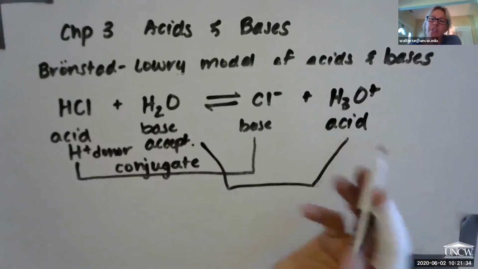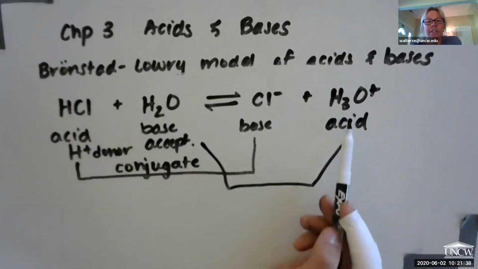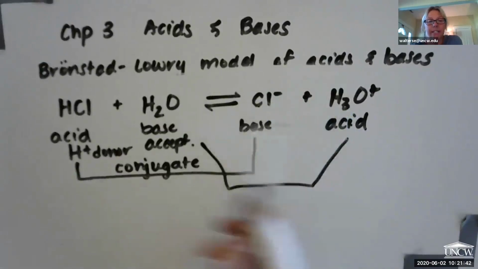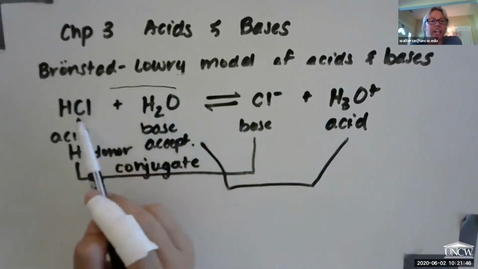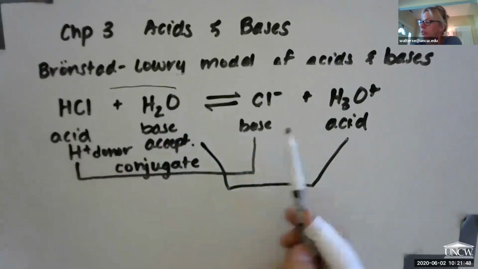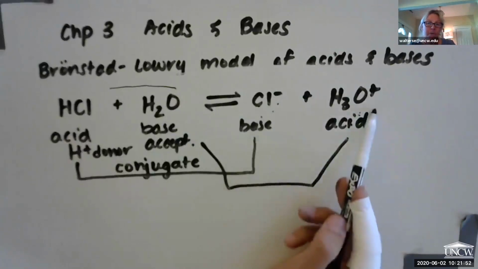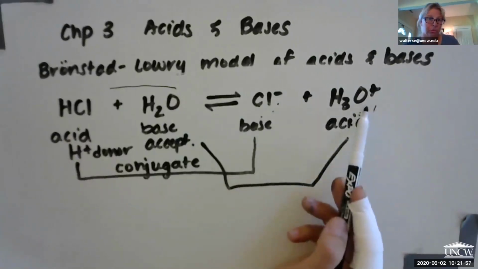Okay. So if this reaction goes backwards, then the acid has a proton to donate back to the base. This side of the reaction is neutral. HCl is neutral, water is neutral. If you add the charges on these ions, the chloride -1 plus the hydronium +1, you are also neutral.